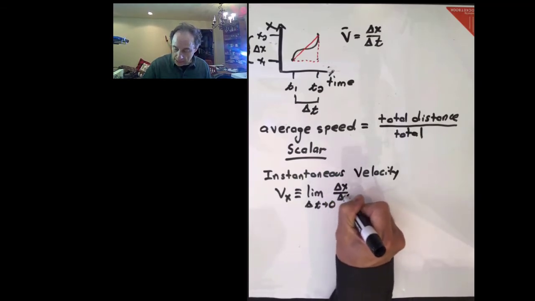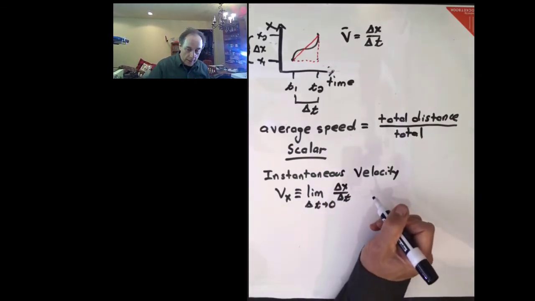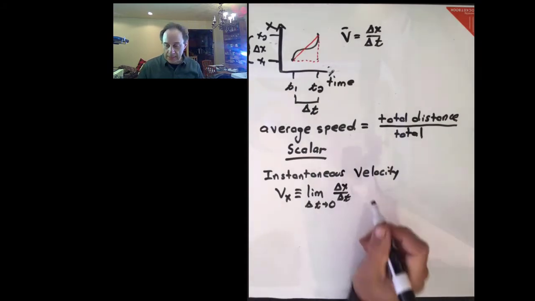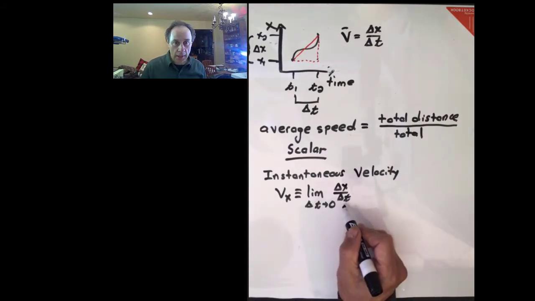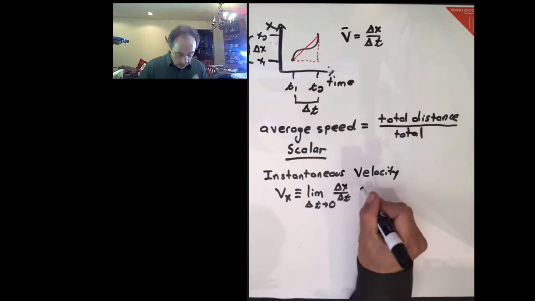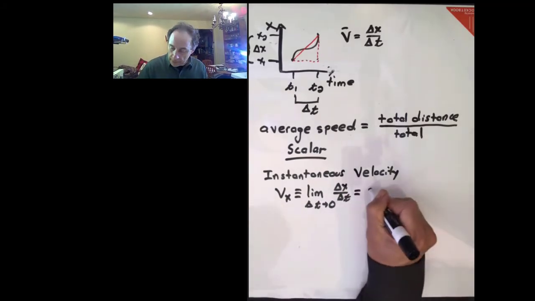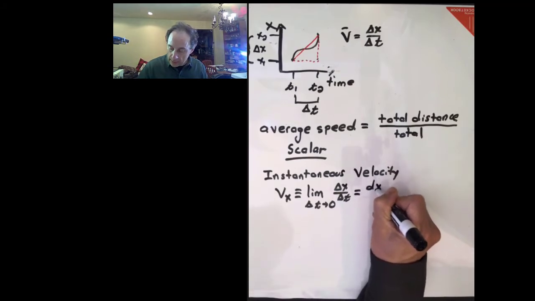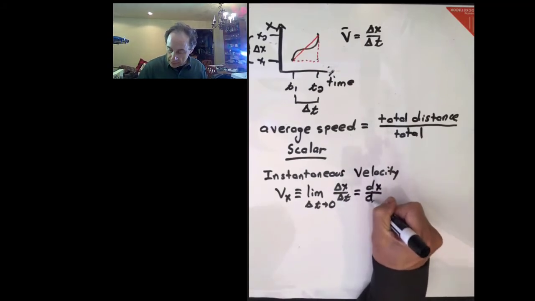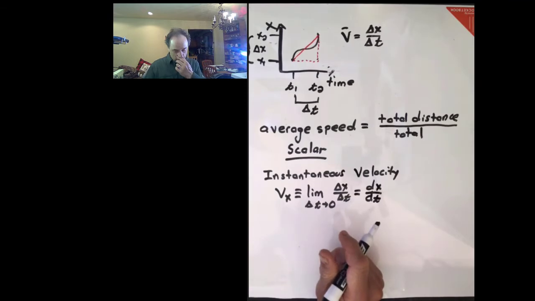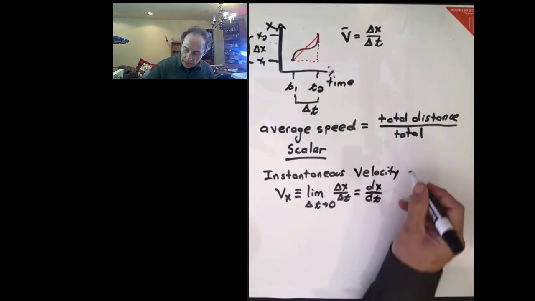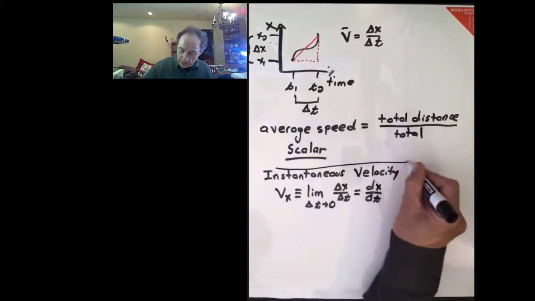It's still change in x over change in t, but now as the time interval diminishes to near 0, in the limit, it goes to our differential form. So this is our instantaneous velocity.